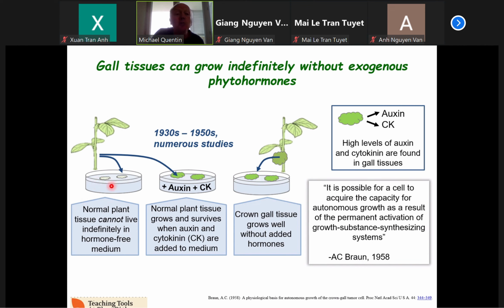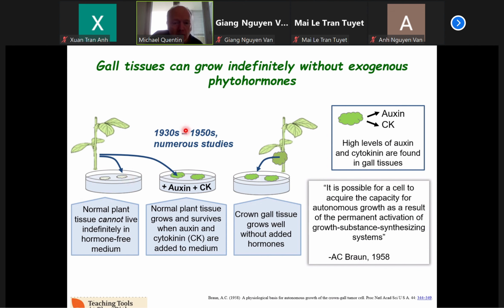So you will be able to keep the cells alive in vitro for a while, but if you don't have in the medium phytohormones, the necessary growth substances to induce cell redifferentiation, you will not have cell division, and soon the plant cell will die.